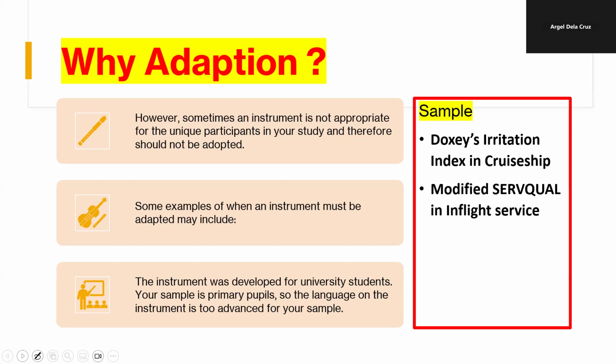In high school, you might be talking about basic economics, but in college, you're talking about, let's say, more macroeconomics rather than basic economics, which is basically different. So we have to tone down or adapt our instrument to a particular research respondent sample. Okay, next.